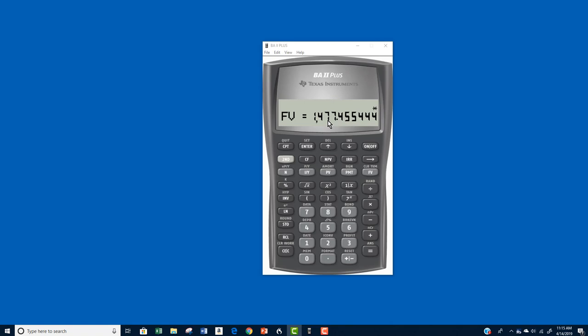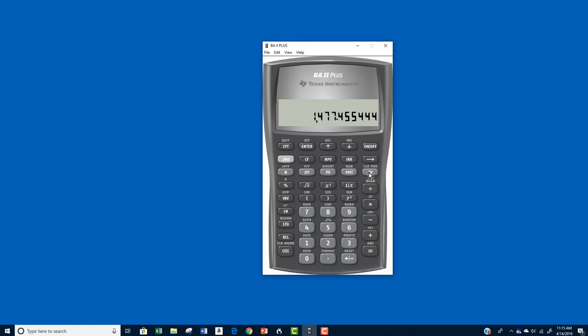The time value of money keys all store data. So when it's time to work another time value of money problem, you'll need to clear the registers. To clear these registers, you need to hit second, clear TVM.